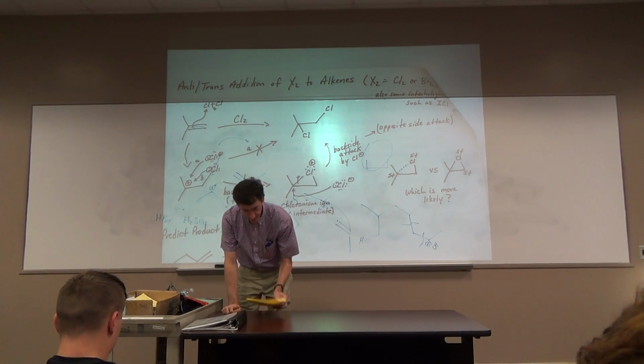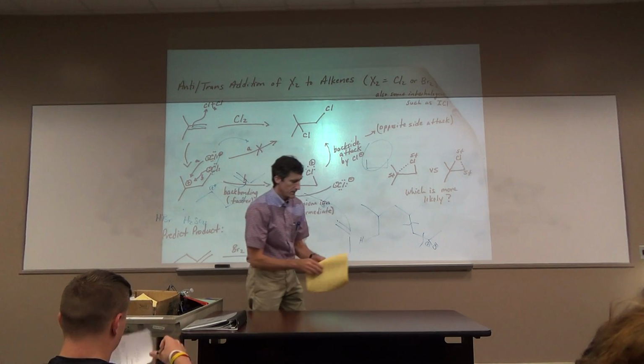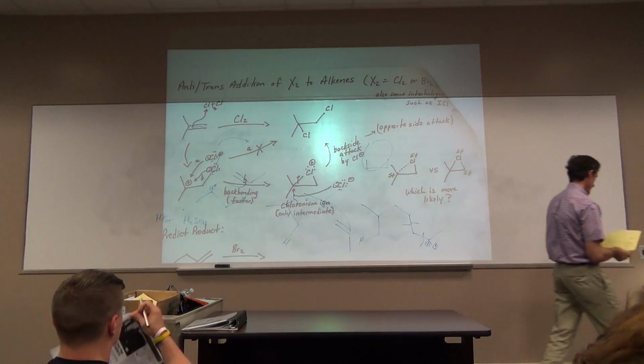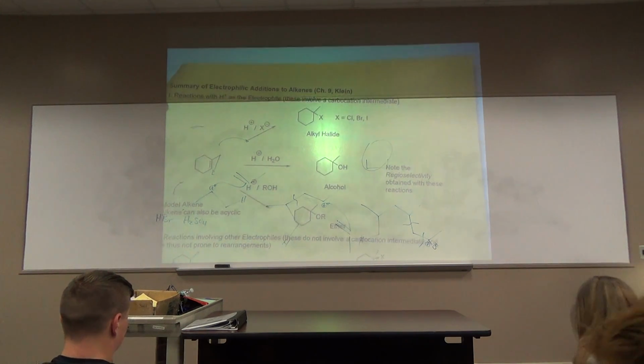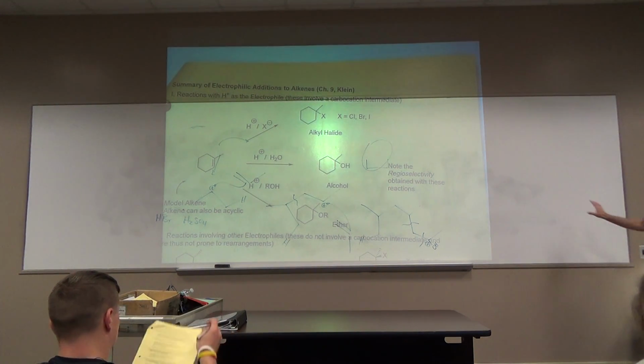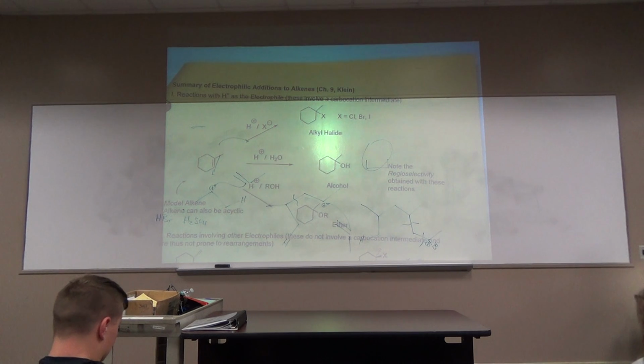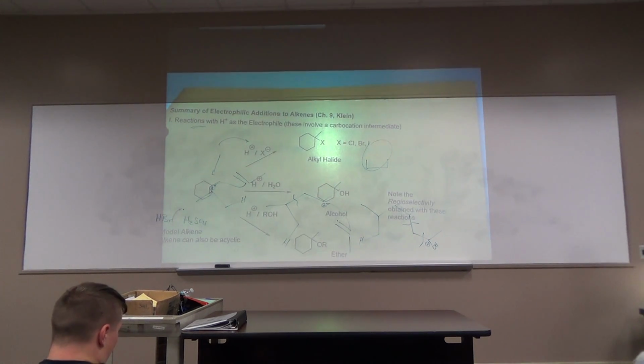Okay, let's see where we're at on the yellow summary scheme here. We've done all the top down. We've done that for a while, and we showed you miscellaneous stuff.